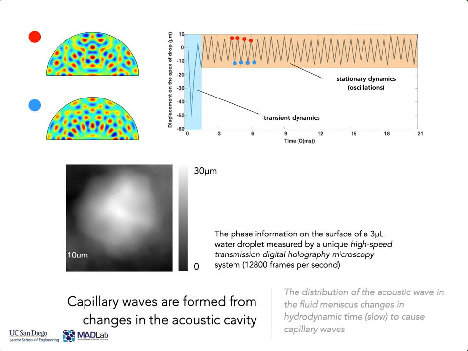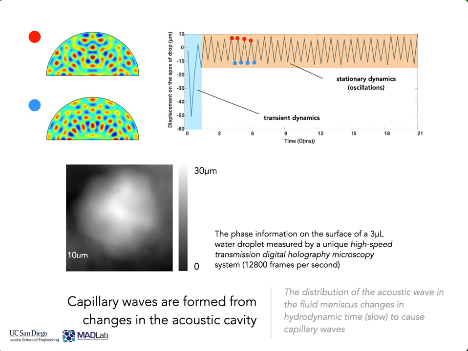And what happens is that this produces a pressure variation on the free fluidic surface, the fluid surface in contact with the air. That causes it to distort, and that then changes the shape of the acoustic pressure distribution of that standing wave within the droplet. That then causes a change in the shape yet again. And this occurs in hydrodynamic time, meaning slow time.